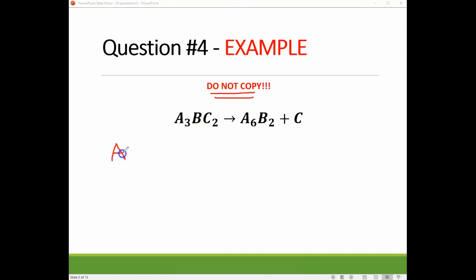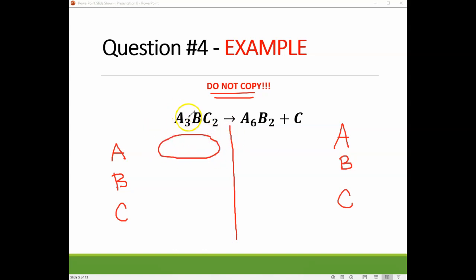If I had A, B, and C right here, all right, so you should draw these out on your piece of paper. And then don't forget, we'll just draw a line here. We'll go ahead and take a look at what we have on each side. So going over here, you can see in this case I have a 3 on my A, so that means I have 3 A's over here.